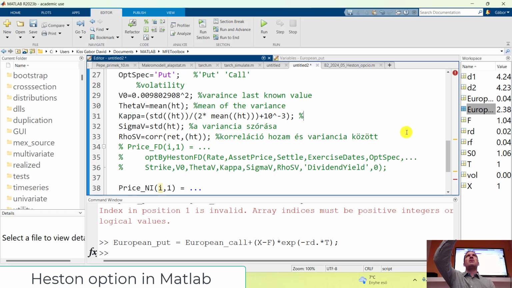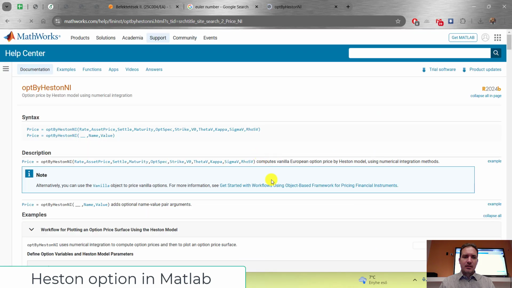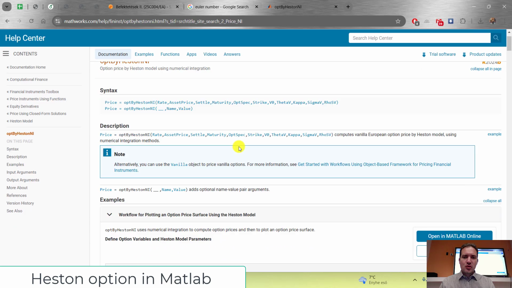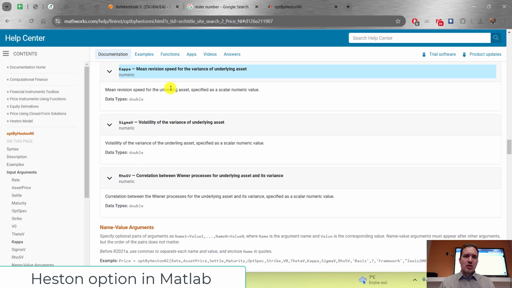Kappa is how, if variance goes up, what is the speed of calming down, and it had a beautiful name in English. Yes. Mean reversion speed, yeah, this is what I was looking for.